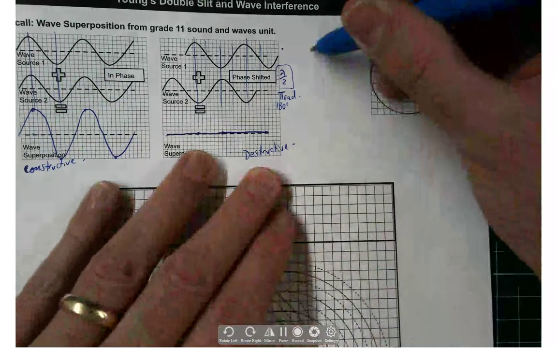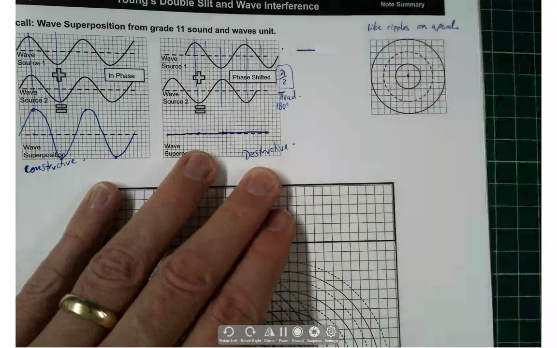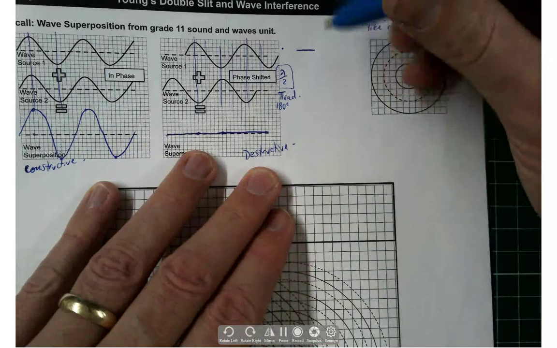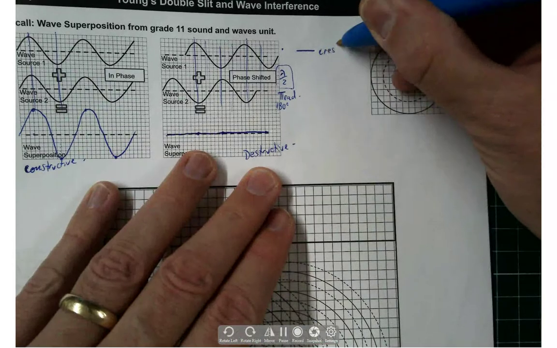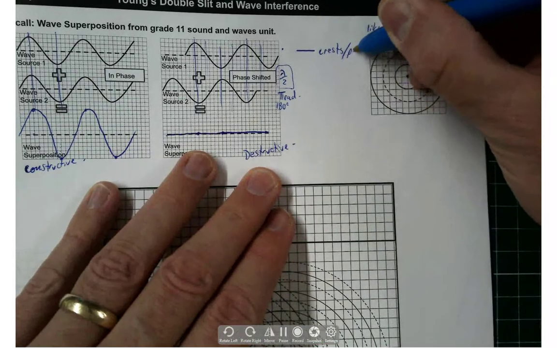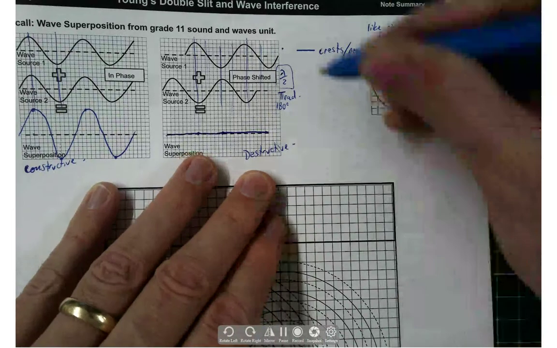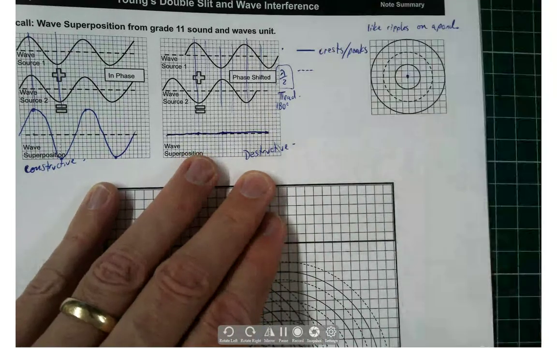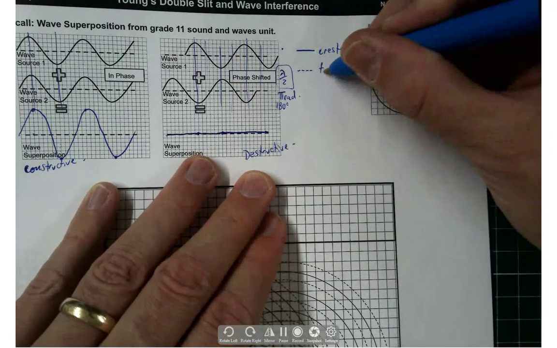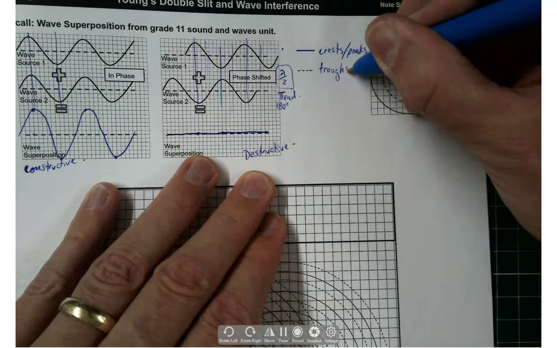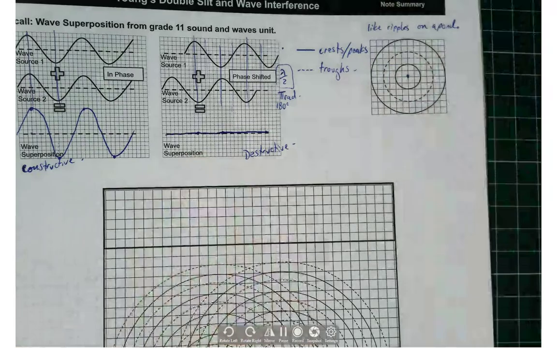When we're drawing these ripples on this fictional pond, the solid lines are the crests or the peaks, and the dotted lines, you guys remember the T word? Troughs, yeah. And so people sometimes talk about maxima and minima.